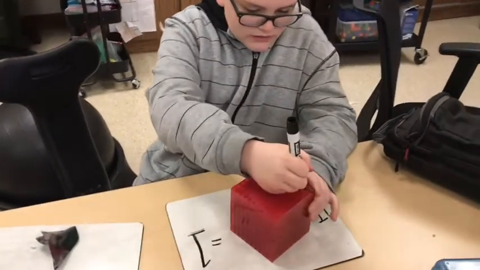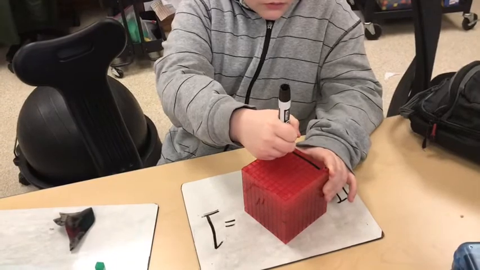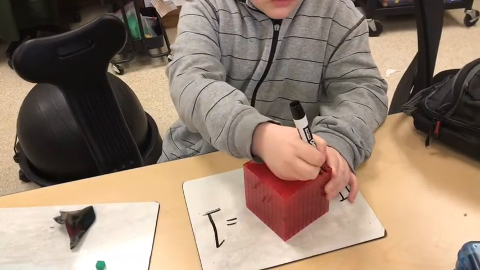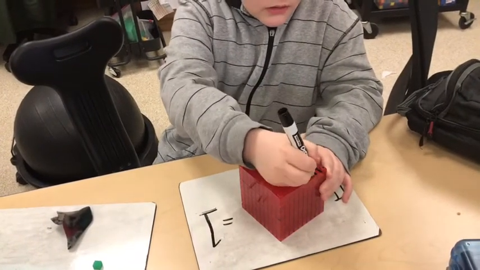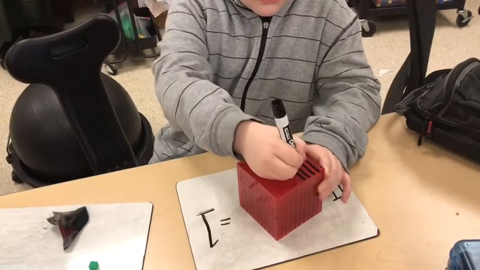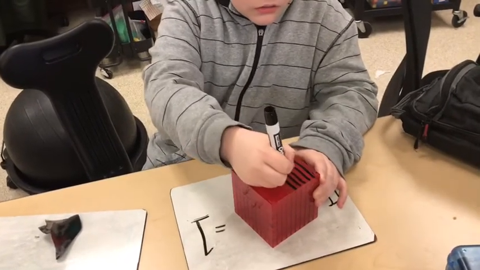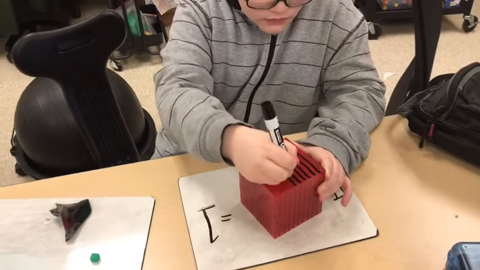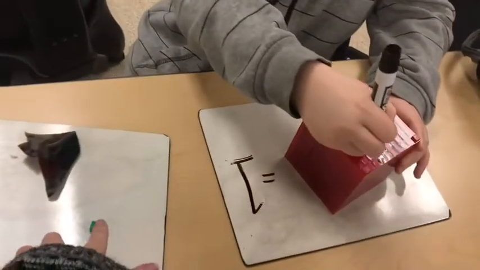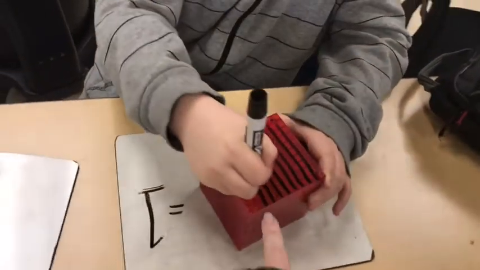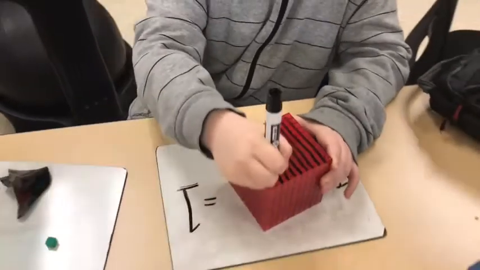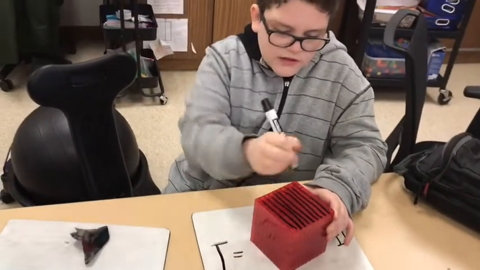Yeah, you can. So like 1, 2, 3, 4. Oh, it's in rows, right? Yes, 5. So you said there's 100 of this size piece in that whole thing, or just on that top layer? On the top layer.